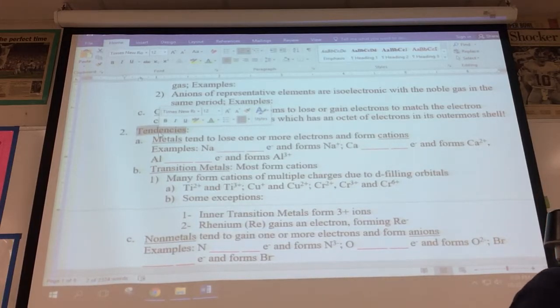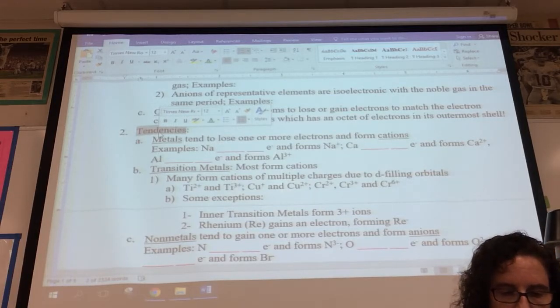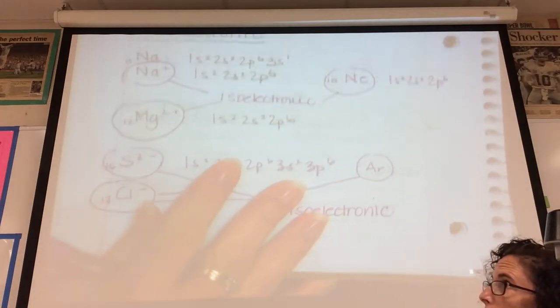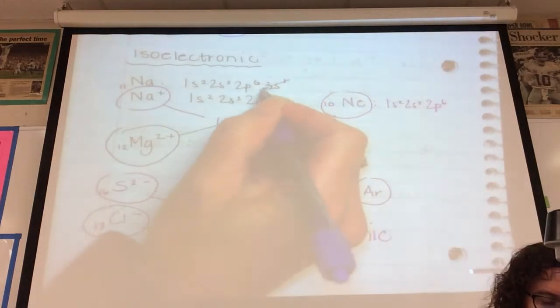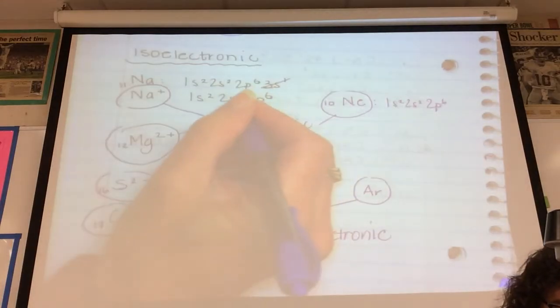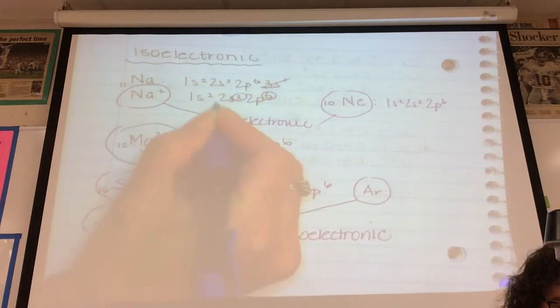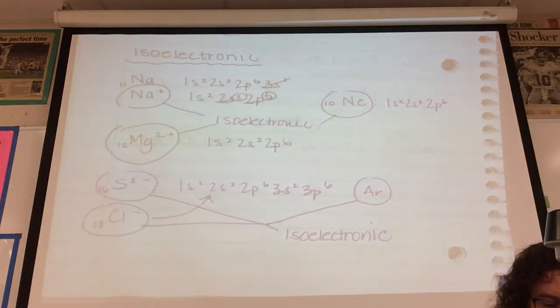Can you go over that last thing, that octet rule? In regard to the octet rule, you can see it right here. So for example, sodium will lose its electron in the 3s orbital so that it has an octet or 8 electrons in its outermost shell, which now will be the second shell.